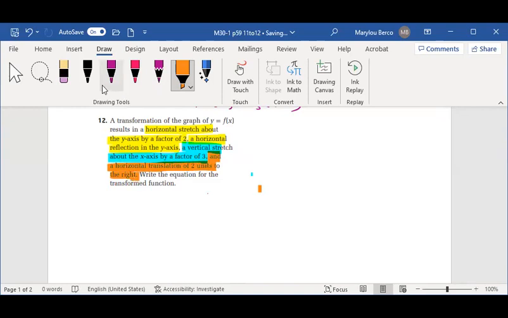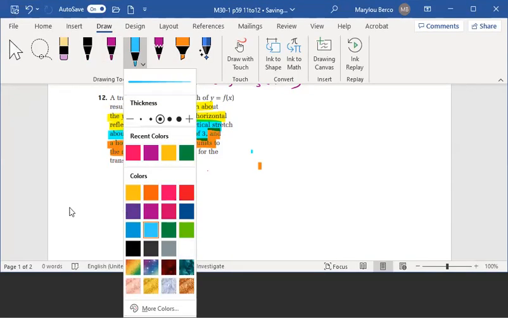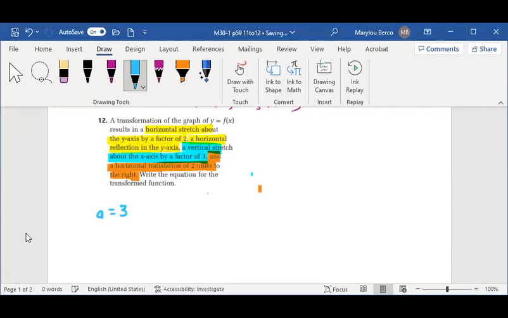Okay, well, with this in mind, what we have is a will be equal to 3. We have a vertical stretch about the x-axis by a factor of 3.